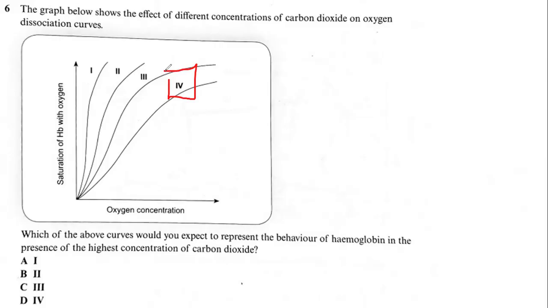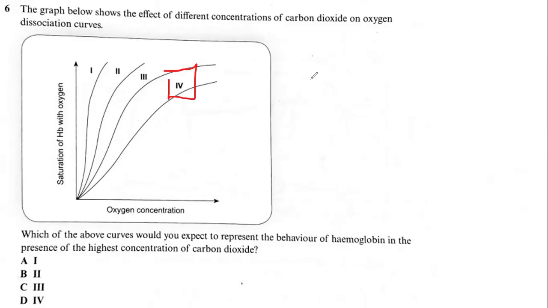Is it IV because when you have the highest concentration of carbon dioxide, the affinity of hemoglobin for oxygen will change, so that will be the lowest affinity for oxygen as the concentration of carbon dioxide increases.